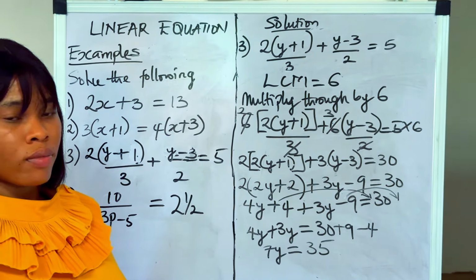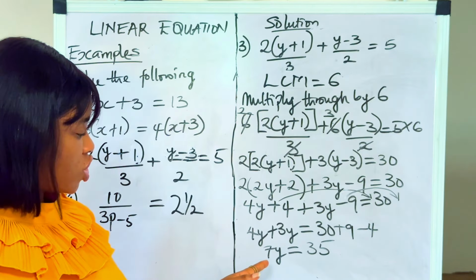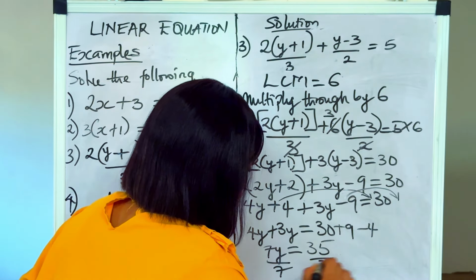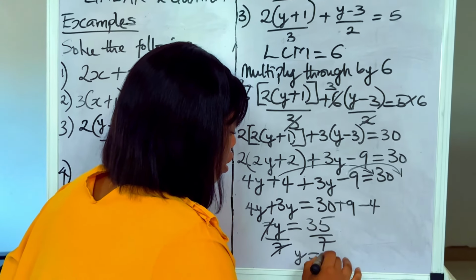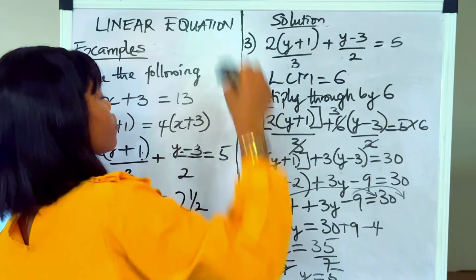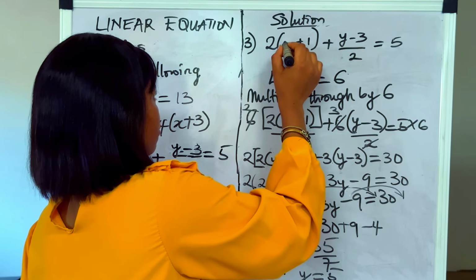From here, we divide both sides by the coefficient of y, which is 7. So we divide both sides by 7. 7 cancels 7. y is 5. So to do a check, I would replace y with 5.